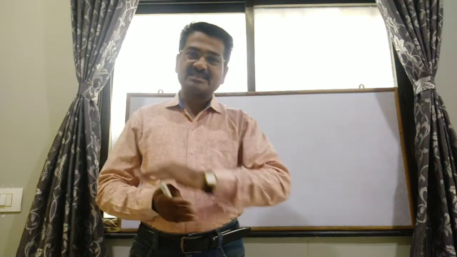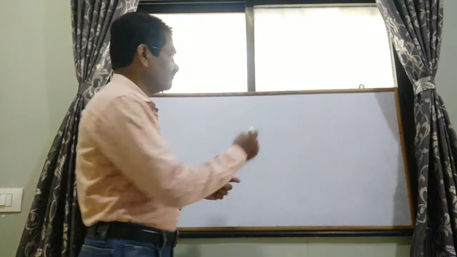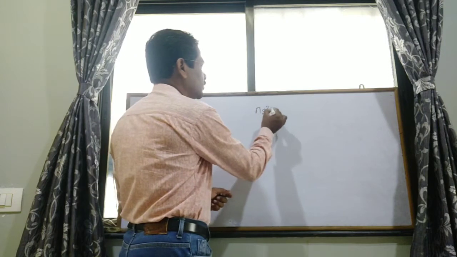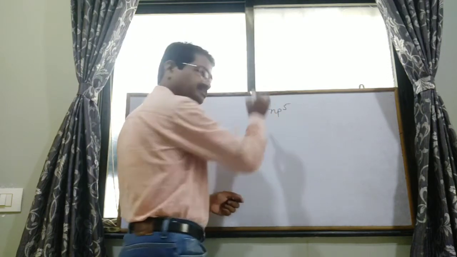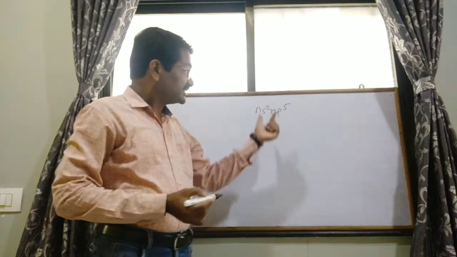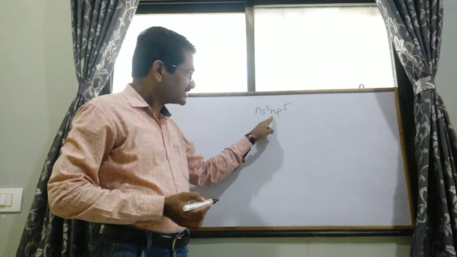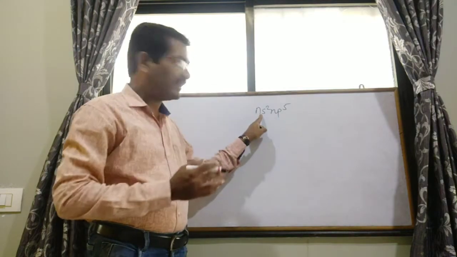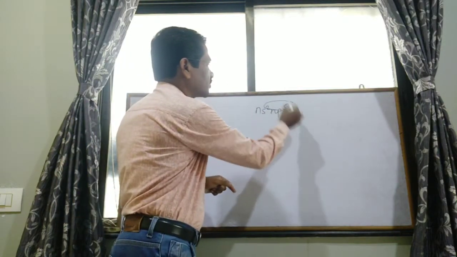The halogens have the general electronic configuration ns2 np5. This indicates that the last shell, the n shell, contains 7 electrons.